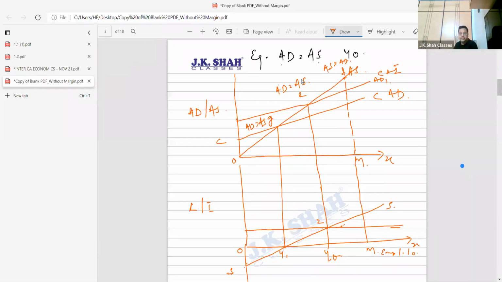Write in the next line. Equilibrium is when aggregate demand is equal to aggregate supply.